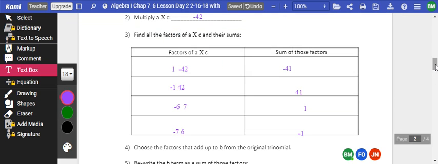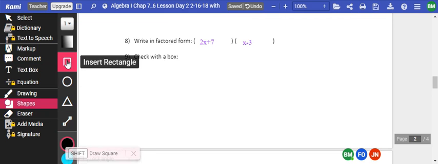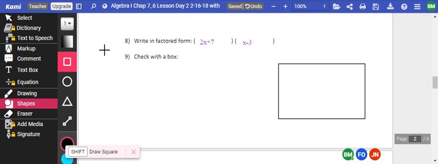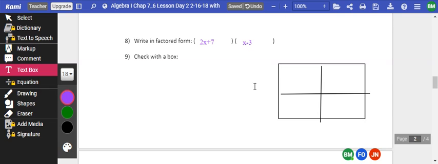So if we then make a box over here, we can put these numbers on the outside.